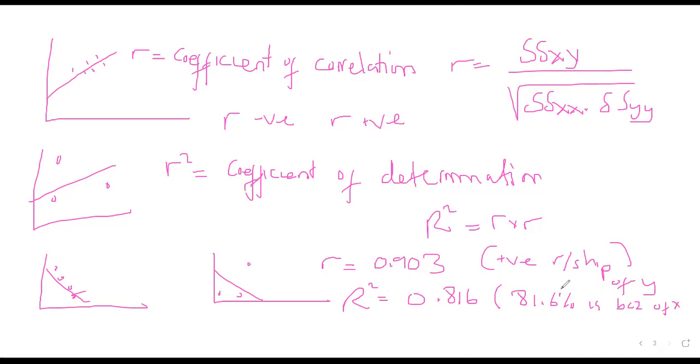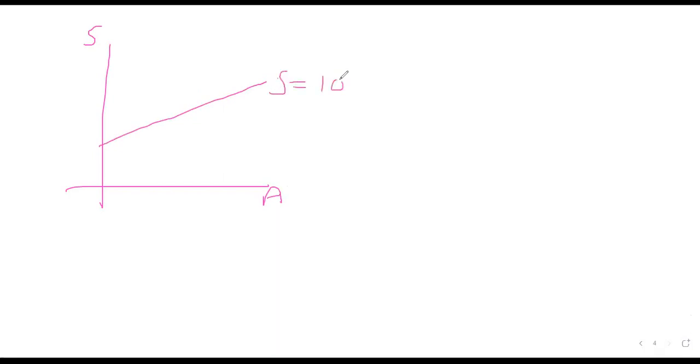Let me take this just to your basic understanding. You may have sales and advertising, and you have a regression equation which is given by sales is equal to what? 10 plus 0.5a. So what is the significance of this equation?